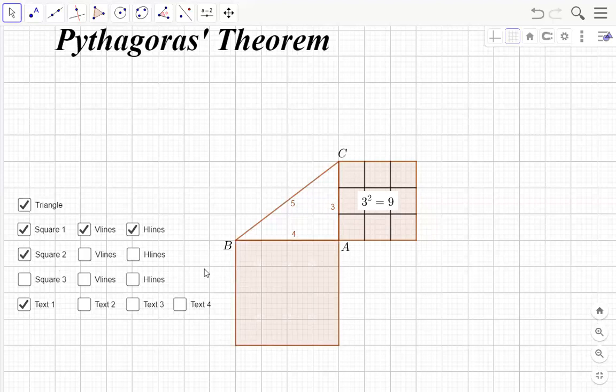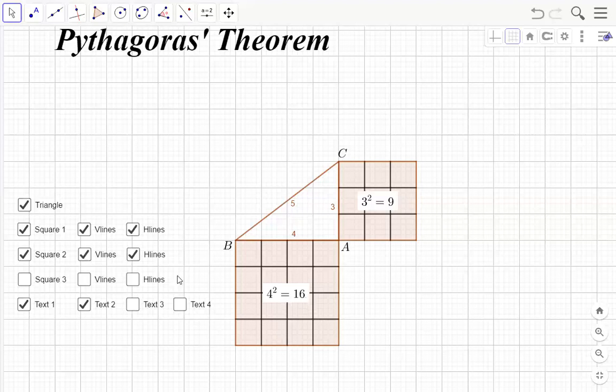We introduce 3 vertical lines and 3 horizontal lines, and that will produce 16 squares of area 1 centimeter squared. Let's count: 1, 2, 3, up to 16. And that is just 4 squared, which gives 16.